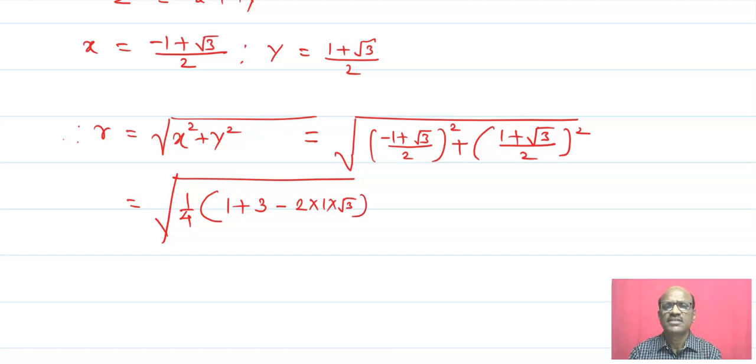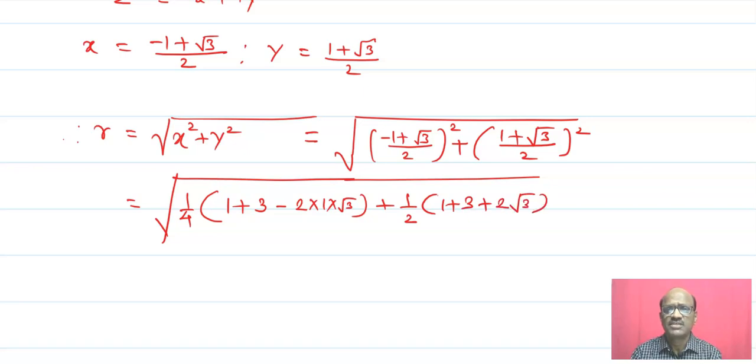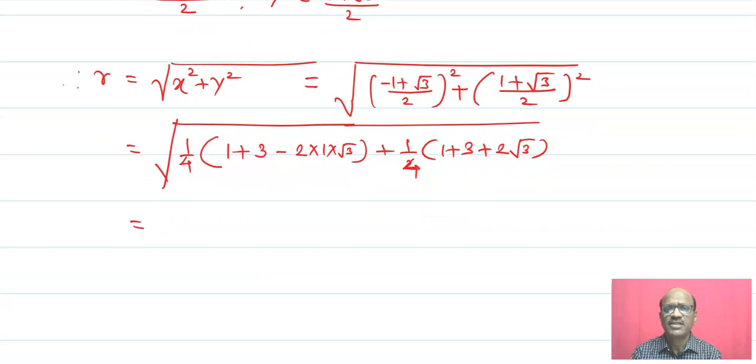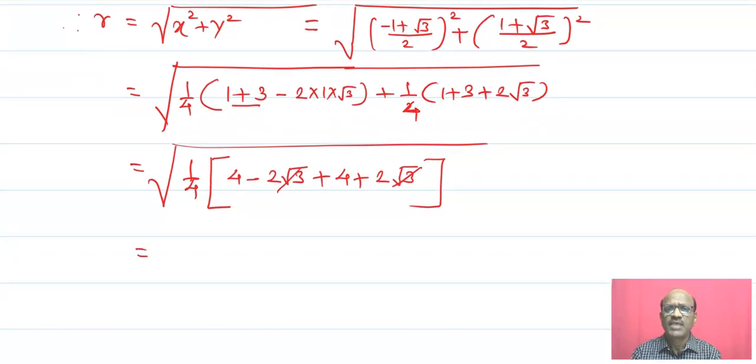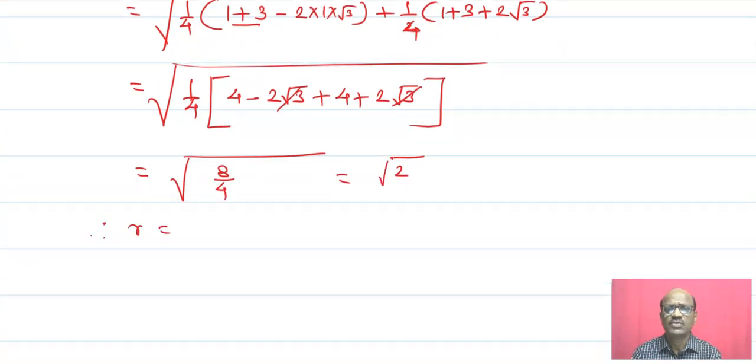Expand it: minus 1 plus root 3, as I had explained, that is 1 square minus 2 into 1 into root 3 plus root 3 square, which is 1 plus 3. Take 1 by 4 as common, then you are getting 1 plus 3 is 4, minus 2 root 3 and plus 2 root 3 get cancelled, plus 4. Overall it becomes 4 plus 4, that is 8 upon 4, that is root 4. And therefore the value of r is root 2.